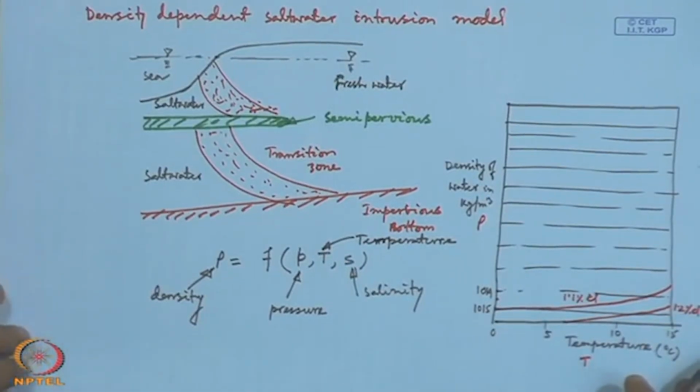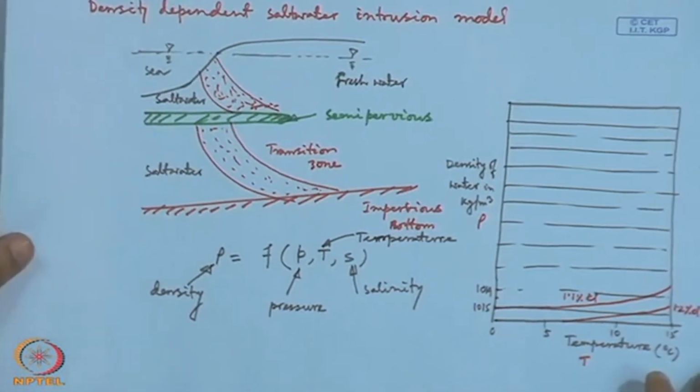Depending on this chloride concentration, we can define the type of groundwater.